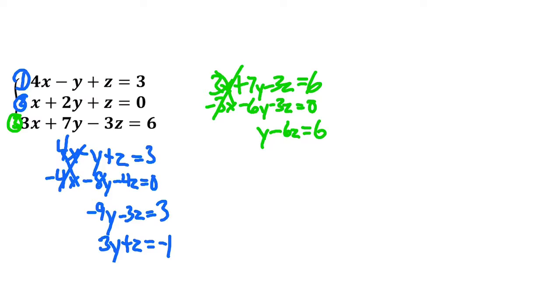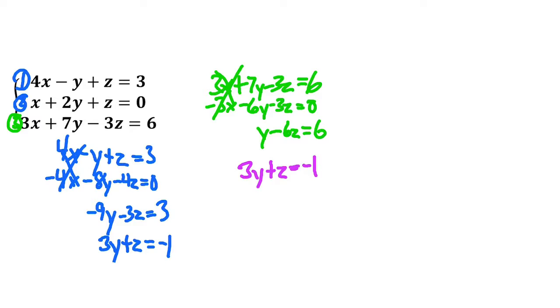So all I have to do now is eliminate my y. I'm going to take my first equation, 3y plus z equals negative 1. I'm going to take my second equation and multiply it by negative 3.